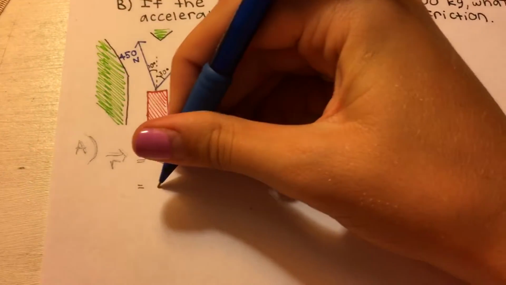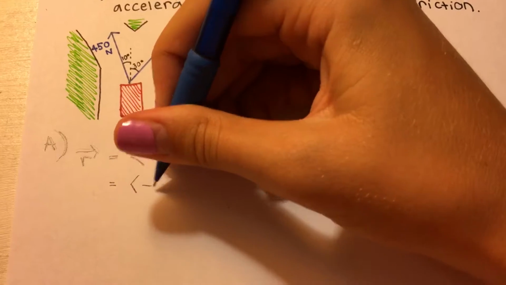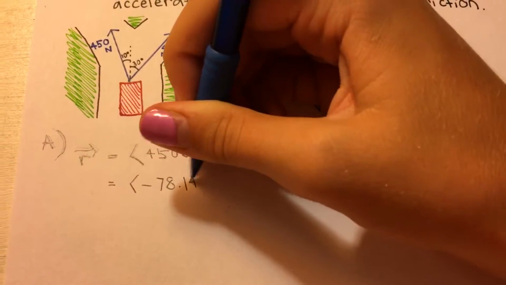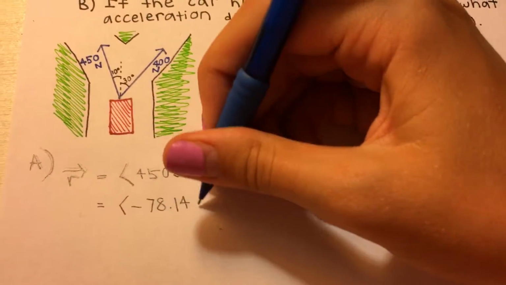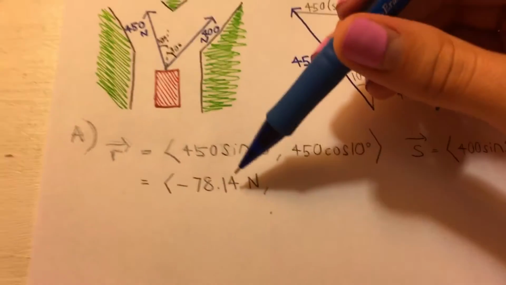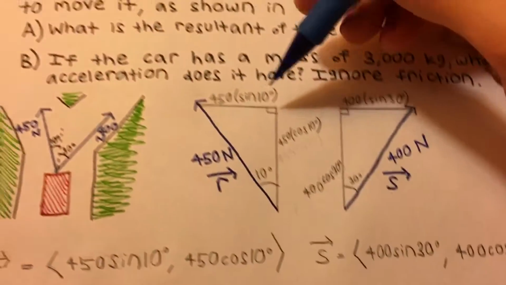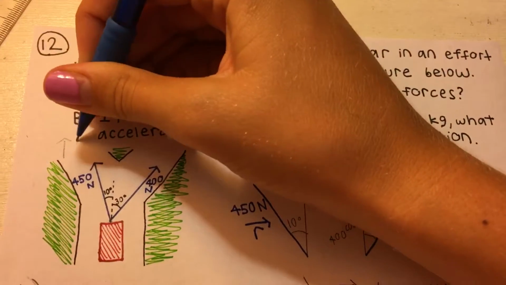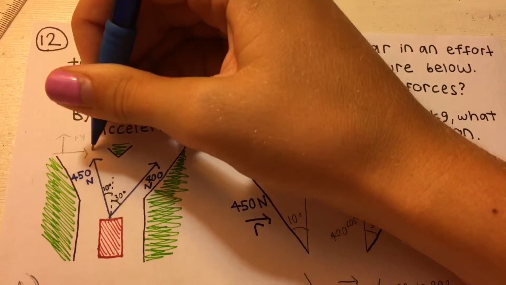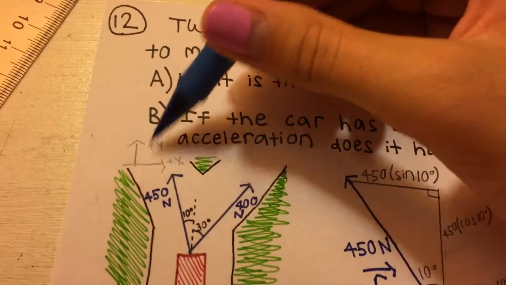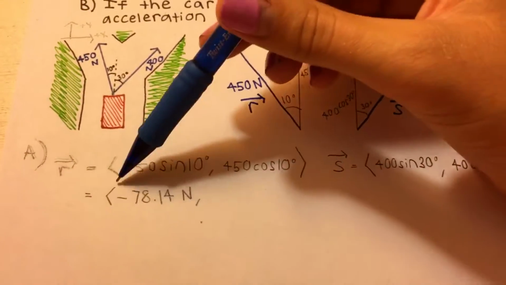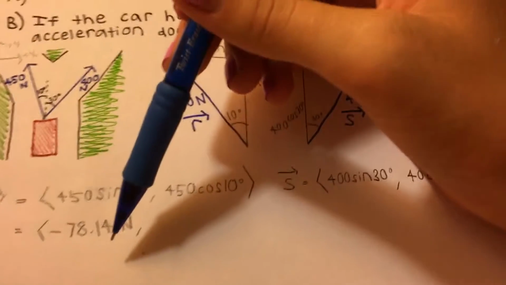So if you put them in, you should get negative 78.14 newtons, and this is negative because the x component, if we have our typical positive y going up, positive x going to the side, this x is going backwards, so that'll make our force negative.